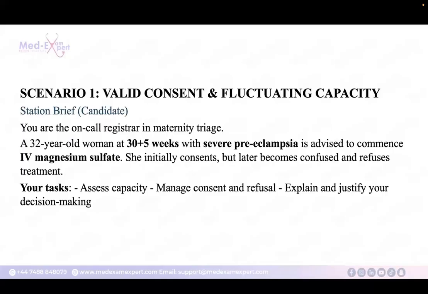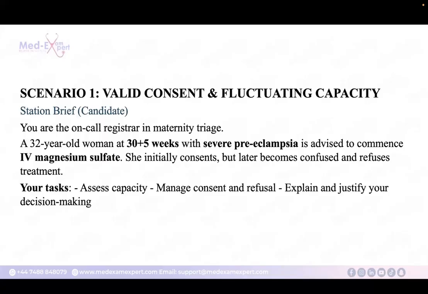So we will read this together. You're going to be the on-call registrar or doctor at the level of ST3, ST4, on a maternity triage. So you read this, then we'll go through the dialogue, and then together I will go through the scenario with you for the answer. You have a 32-year-old woman.